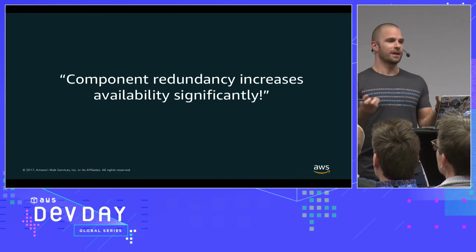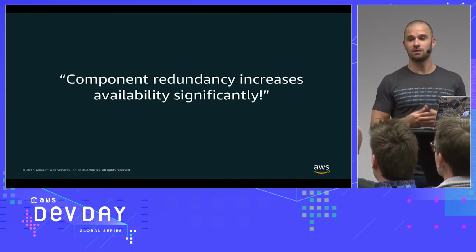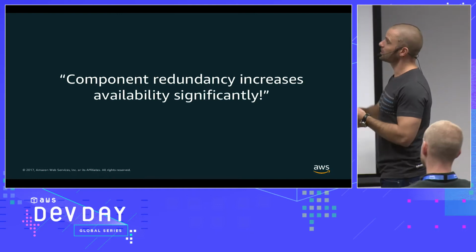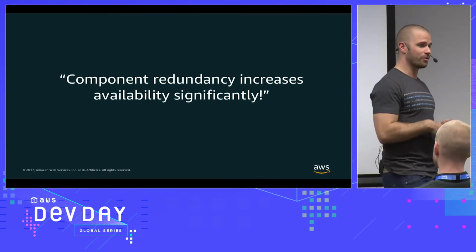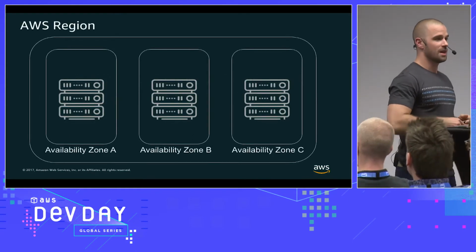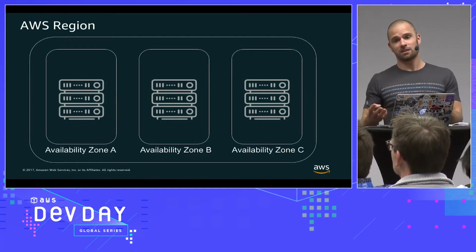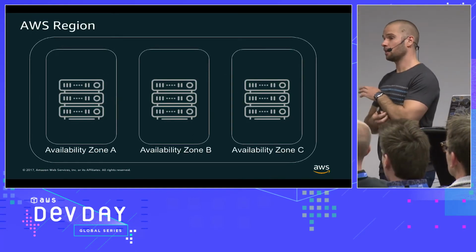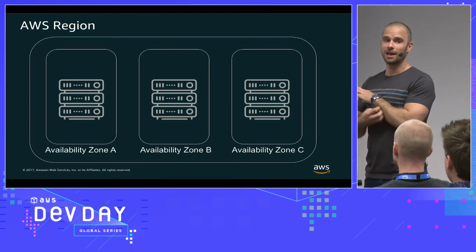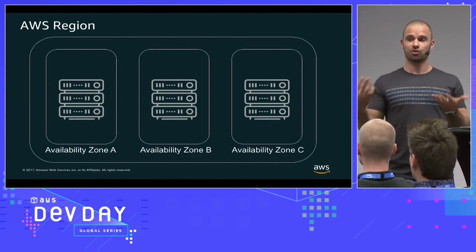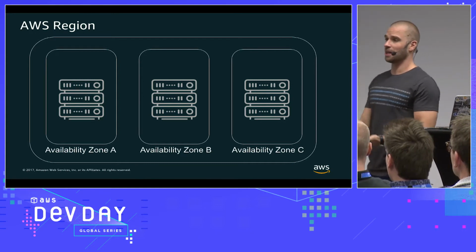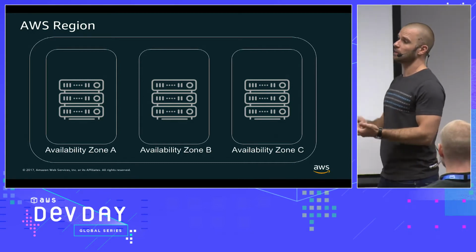So overall, what we can say is that component redundancy increases availability significantly. And this is one thing we really need to remember. And it's at the base of how we design regions, right? I'll talk about this again now, but I talked about it previously when we talked about regional services like S3, Lambda, API Gateway, DynamoDB, Athena.